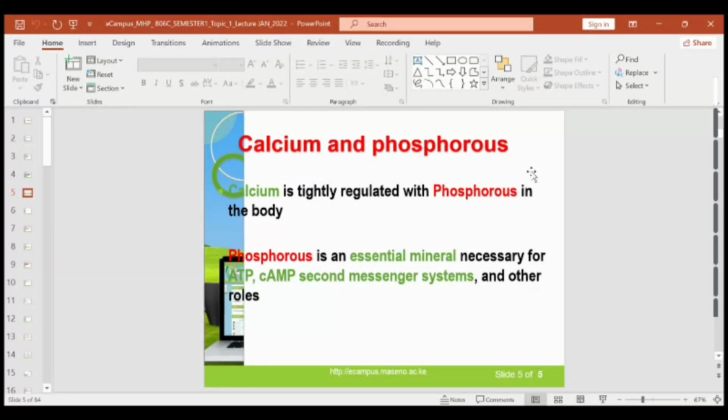We did talk about how hormones work and the several mechanisms of how hormones work. An example of such a hormone is the parathyroid hormone, which has about 84 amino acids, meaning it's a polypeptide. It's unable to cross the cell membrane because it's not lipid soluble, unlike the hormones we talked about previously, for example T3 and T4, the thyroid hormones, which are lipid soluble.